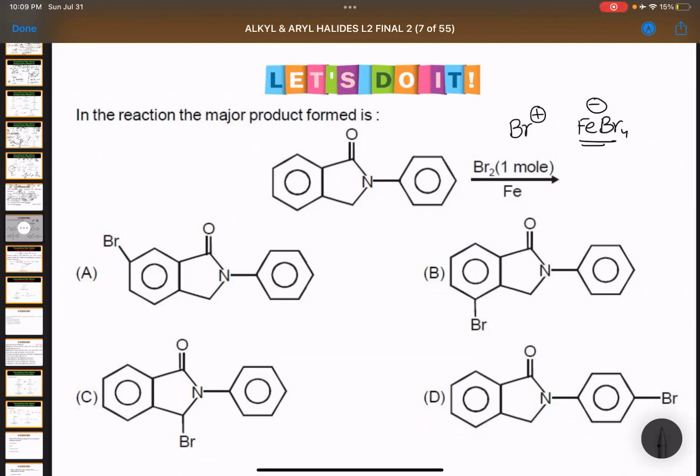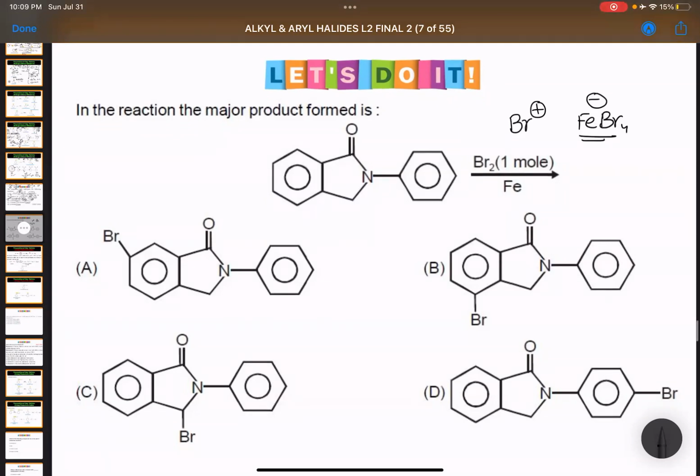On that basis, you need to decide whether the benzene has more electron density or less electron density. An electrophile is going to attach itself to one of the two rings. If one is electron rich and another is electron deficient, the electrophile is going to choose the ring which is more rich in electron density because an electrophile is an electron loving species.